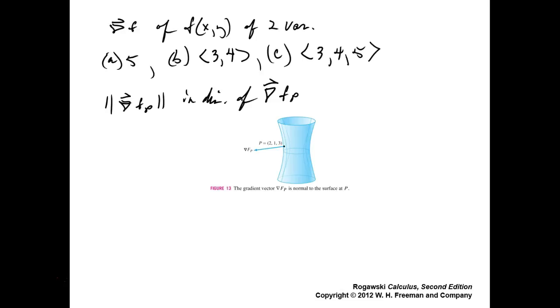True or false? A differentiable function increases at the rate of its magnitude in the direction of the gradient itself.